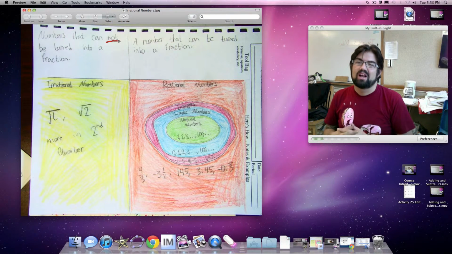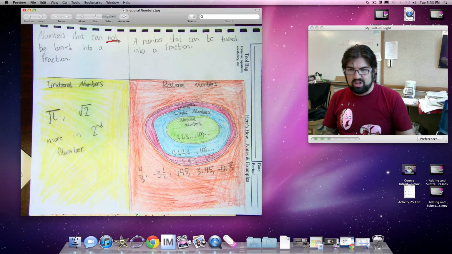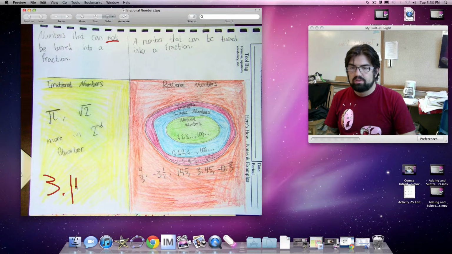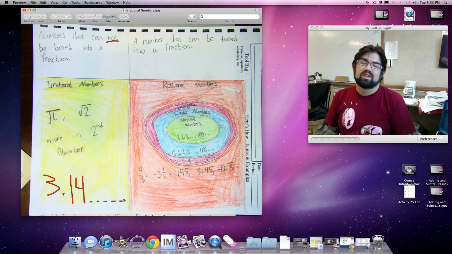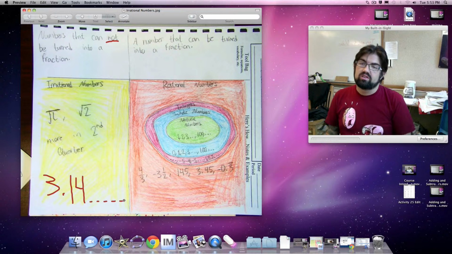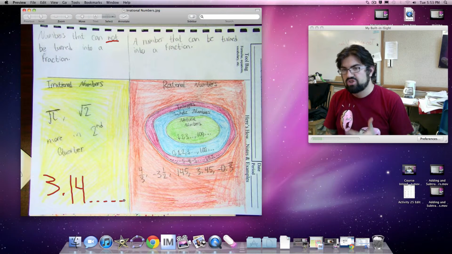Cannot be turned into a fraction. Such numbers as pi, you all know that, that's equal to 3.14 and so on. It goes on forever and ever and ever. It doesn't ever repeat. It'll never repeat. So pi is an irrational number.